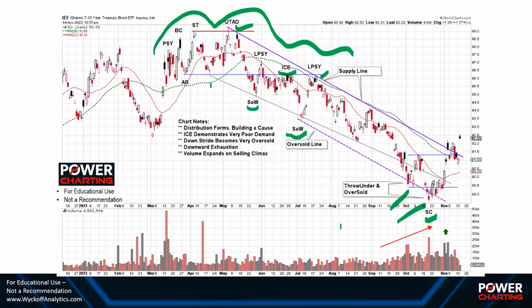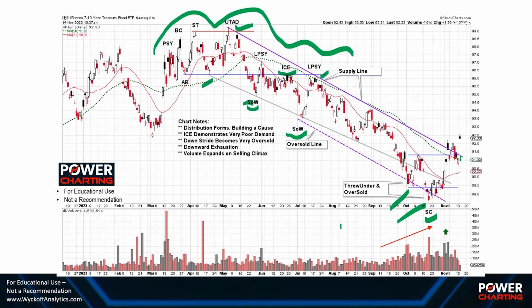I drew a little trend line under here, in gray, because this is a valid trend line also. After it becomes oversold under the channel, it reverses back up.